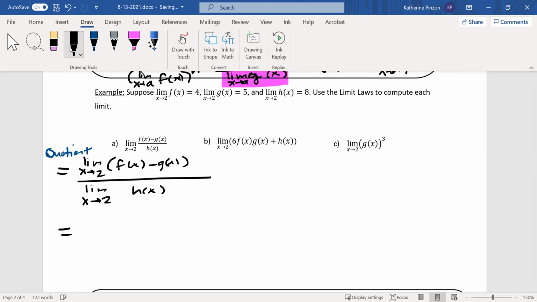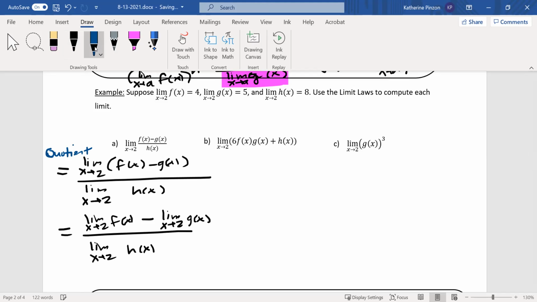Okay, now I'm going to break the numerator apart into two different limits. I'm going to say limit as x approaches 2 of f of x minus limit as x approaches 2 of g of x. And that was the difference rule, or the subtraction. And once I'm there, I'm going to use these three pieces.